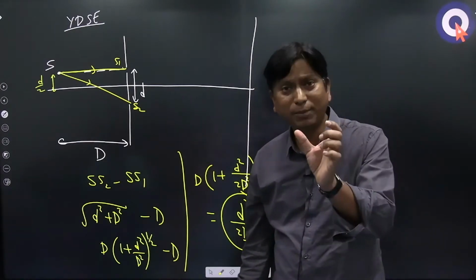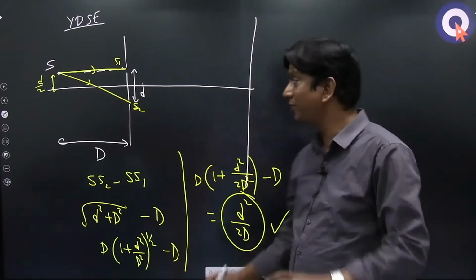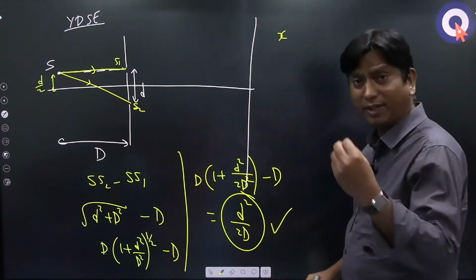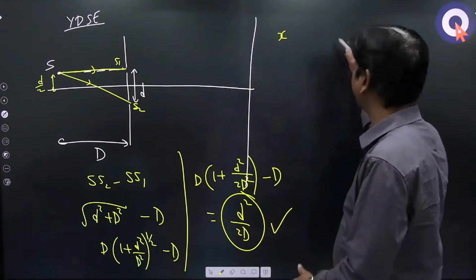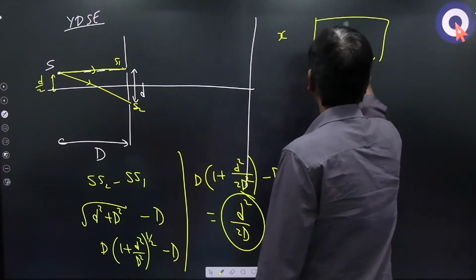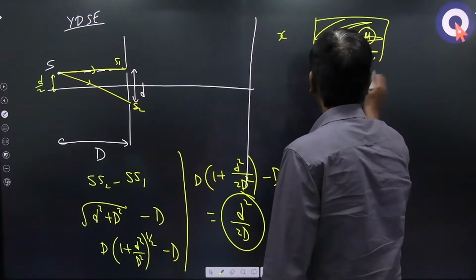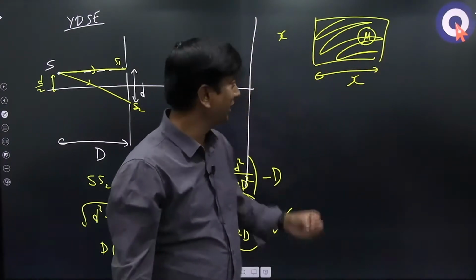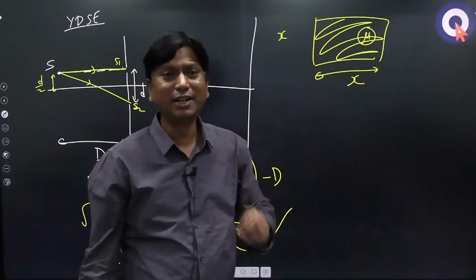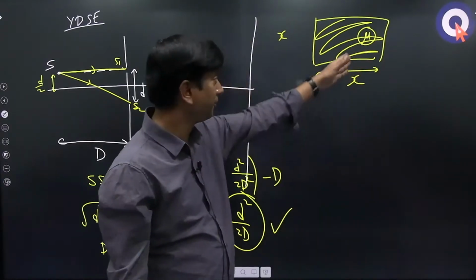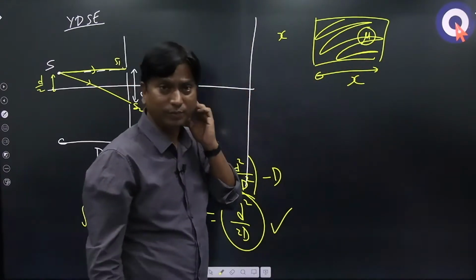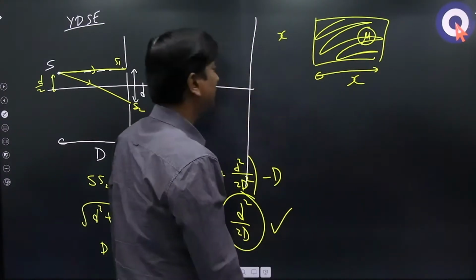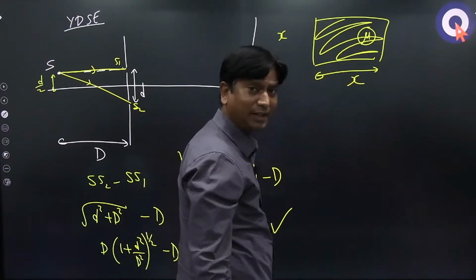Suppose in a medium of refractive index nu, the wave is really traveling a geometrical distance x. Then how much distance is it going to travel in air?